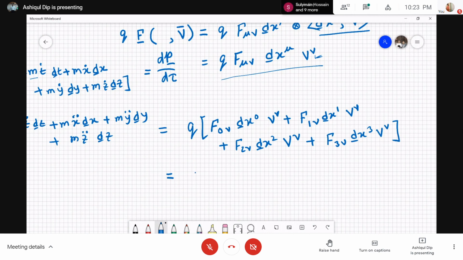So if I simplify, the first term is q f0 nu v nu. This is the component and the basis is dx0 plus q f1 nu v nu times dx1, like that.